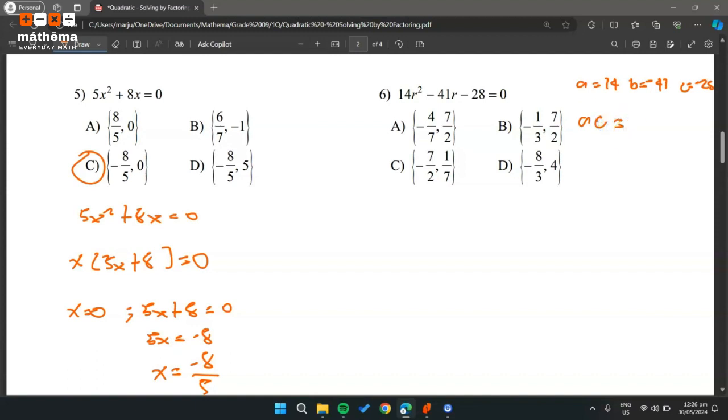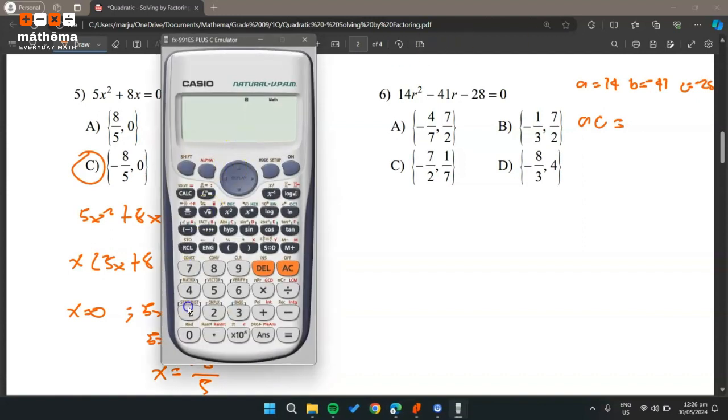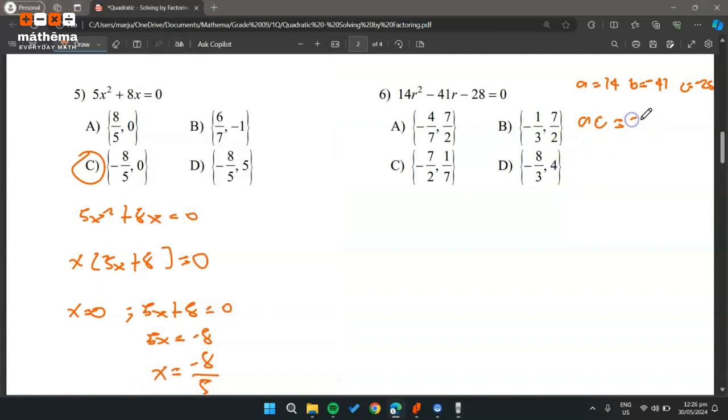Let me just grab the calculator. So A times C, 14 times negative 28, that gives you negative 392. Now, what are the factors of 392?